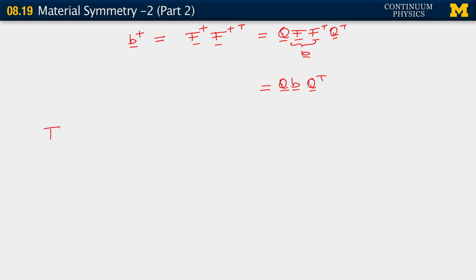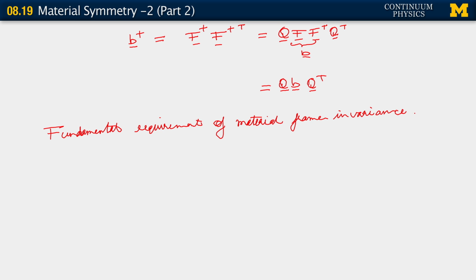So the fundamental requirement of material frame invariance always holds, and it says that, well, all right, you have an isotropic material. You have discovered that you indeed can write its strain energy function as that.